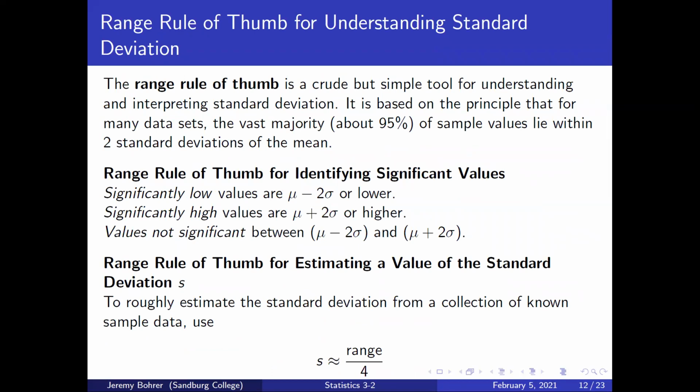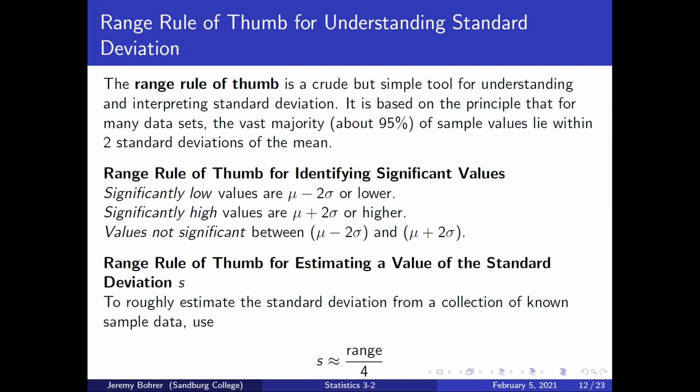Range rule of thumb. The range rule of thumb is a crude but simple tool for understanding and interpreting standard deviation. It is based on the principle that for many data sets, the vast majority, about 95% of sample values, lie within 2 standard deviations of the mean.